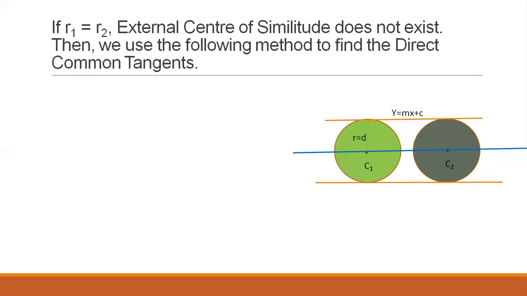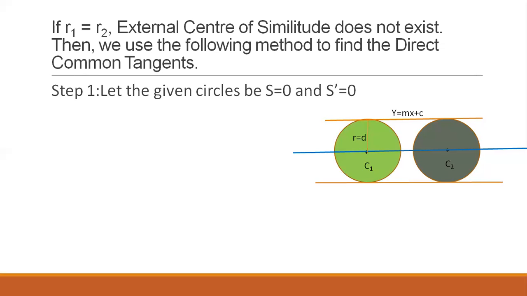Let y equal to mx plus c be the direct common tangent equation, and let us take the given circles S equal to 0 and S' equal to 0. We have to find the centers of the two circles, C1 and C2, and the radii of the two circles, R1 and R2.